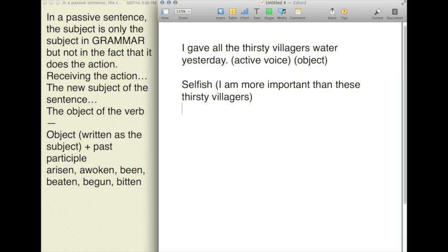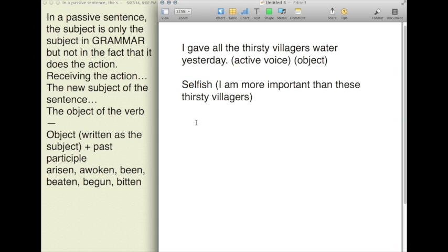And usually when you talk about a situation like this, the villagers are more important than me, right? Do we really care who gave the water? Well, if we think I am great, I'm wonderful, then yeah, we can say I gave the thirsty villagers water. I am great and kind. But again, it sounds very selfish. It's not very good, I think.